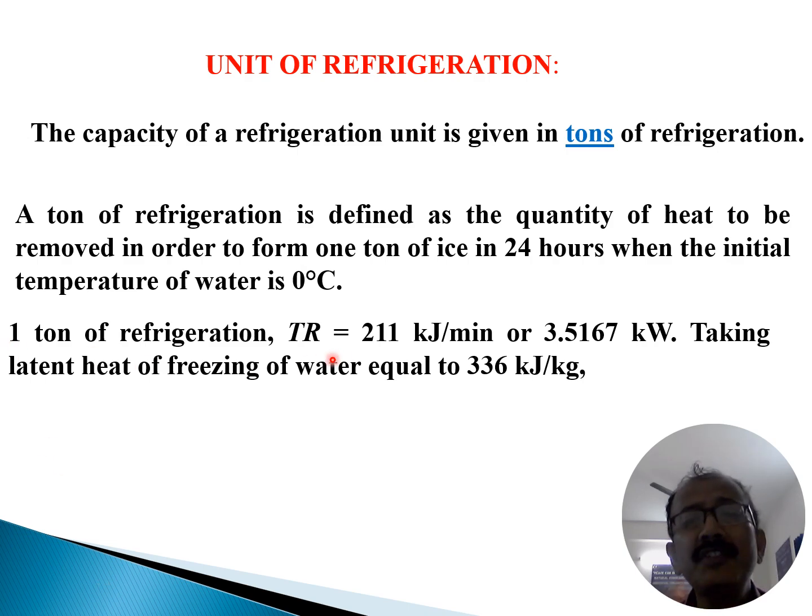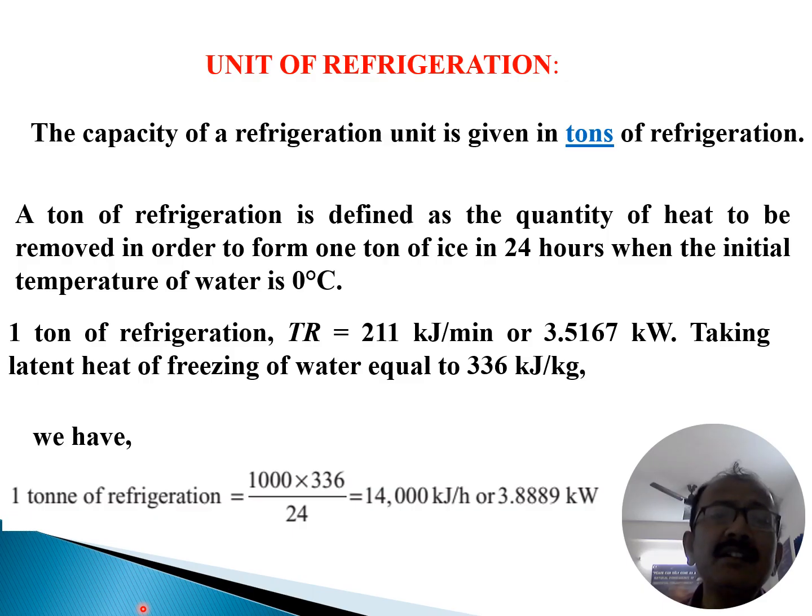So 1 ton of refrigeration is nothing but 211 kilojoule per minute or 3.5167 kilowatt, taking the latent heat of freezing of water as 336 kilojoule per kg. That means we have to take the latent heat of freezing of water, that is 336 kilojoule per kg.